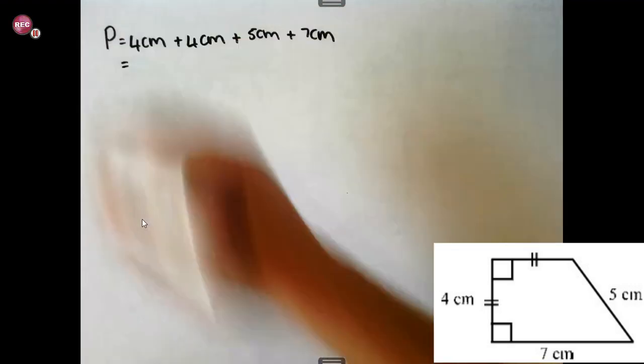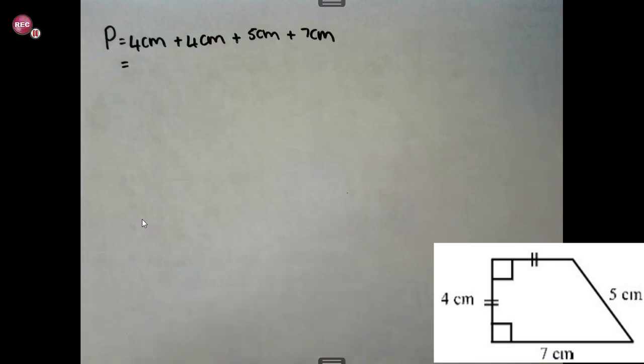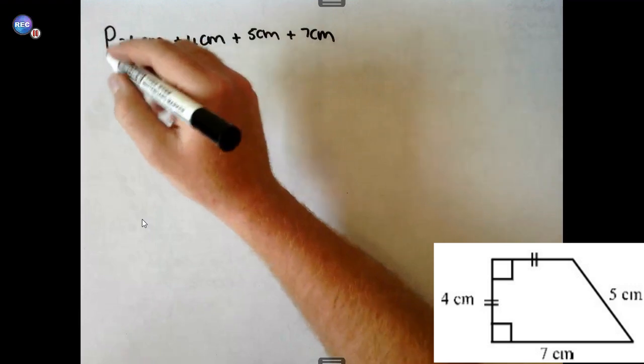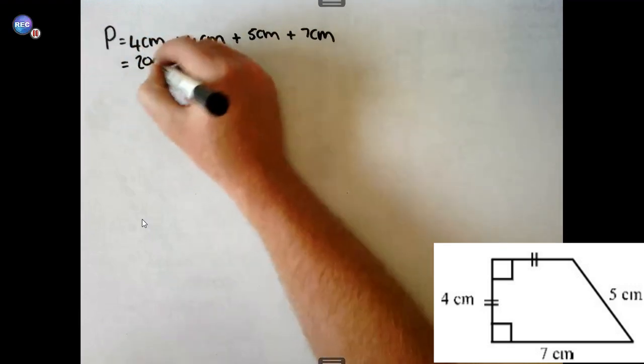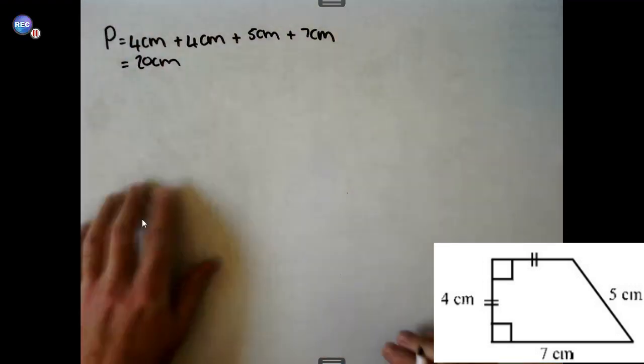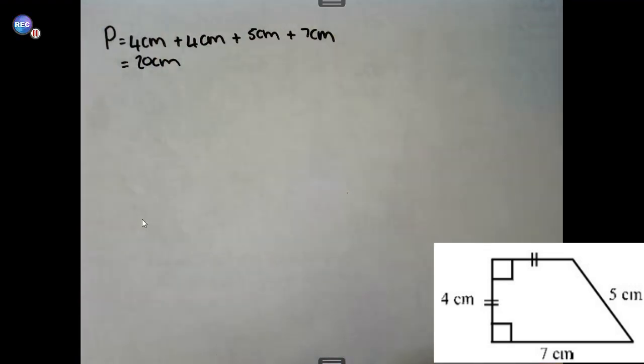And if you add all of that together, you will find that the distance around the shape is 20 centimeters. Okay, so that's how you calculate the perimeter for that shape.